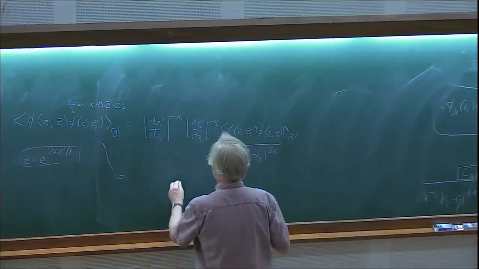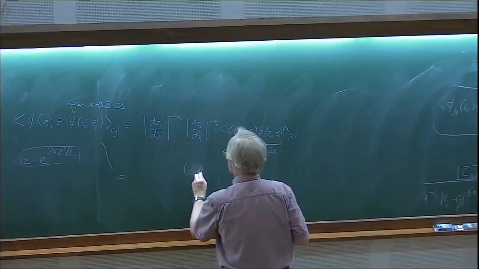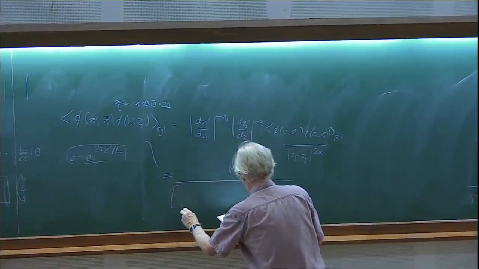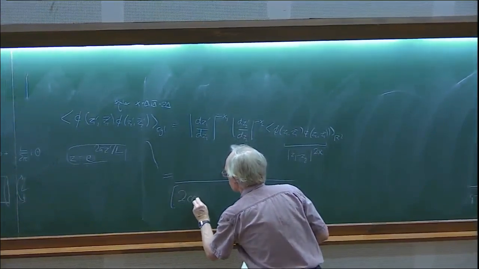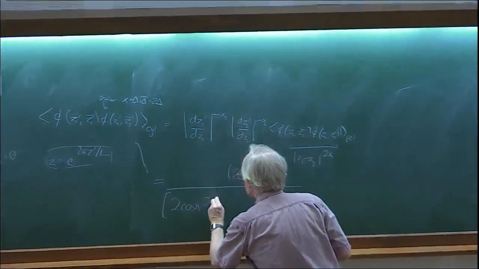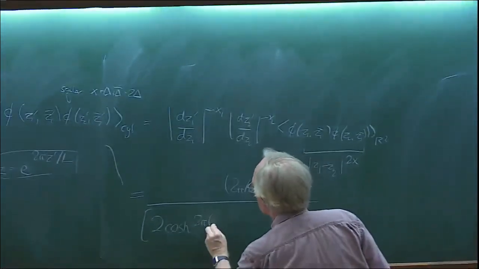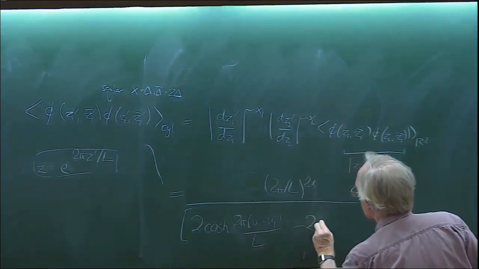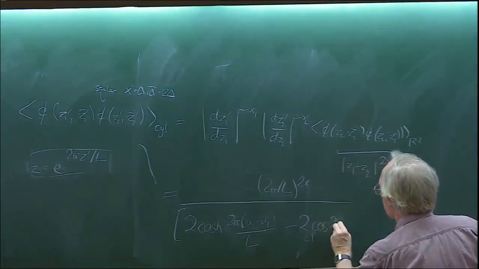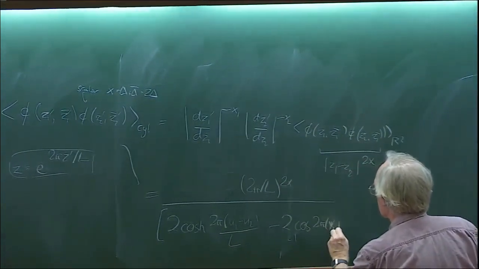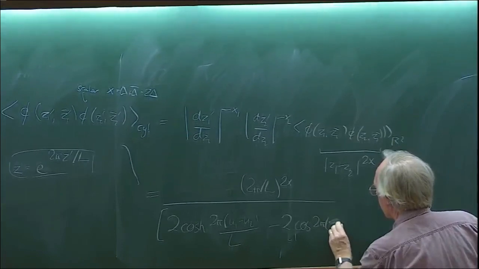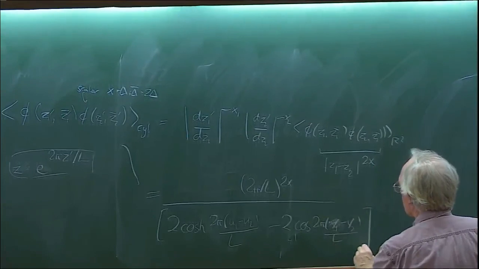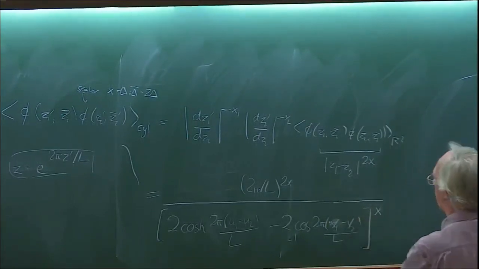So this is 2 pi over L to the 2x divided by 2 cosh 2 pi (u1 minus u2) over L minus 2 cosine 2 pi (v1 minus v2) over L. And this thing all gets raised to the power x.